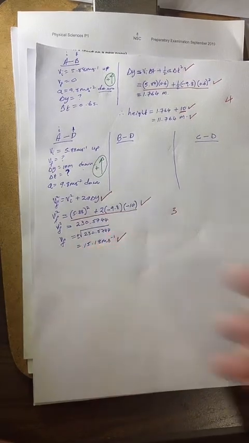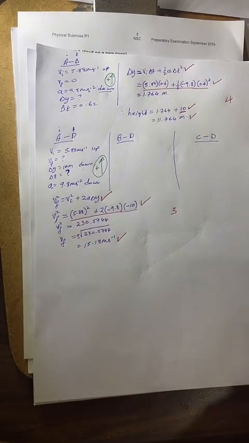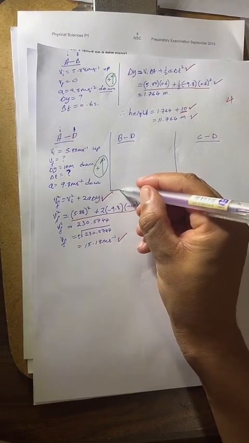Anyone who wants to see the same thing using different points, we can do it with different points to check, but we are always going to land with the same answer.